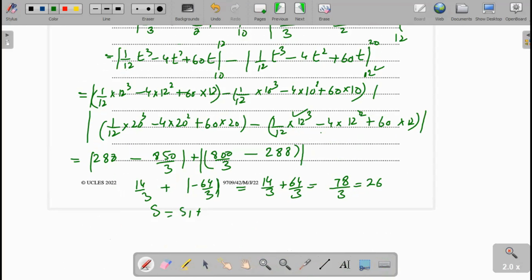S2 plus S3 is equal to 26 and S1 is 25. We get 51 meters as the total distance covered in this interval.